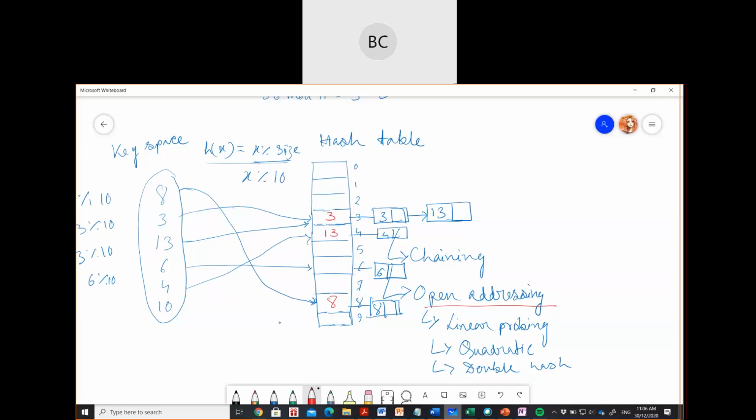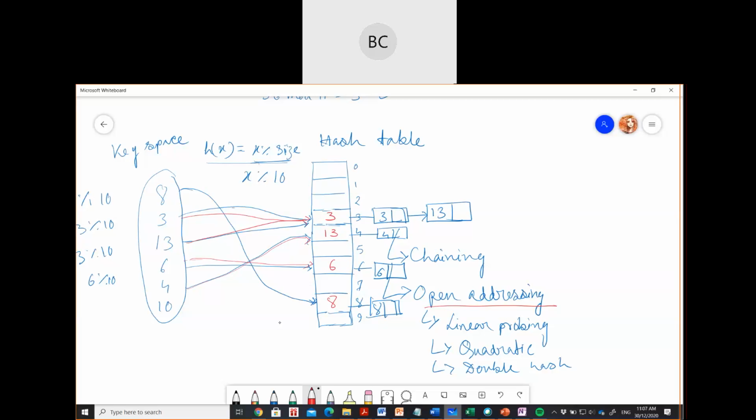Next I have 6, and 6 will come here, with 3 and 13 already placed. Now comes 4. For 4, the index is 4, but 13 is already occupying index 4, so I cannot put it there.